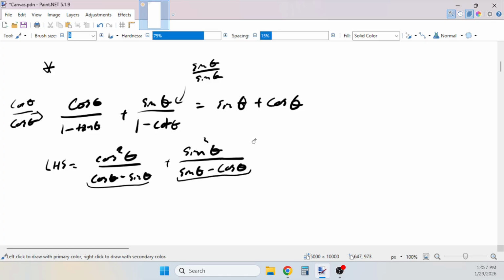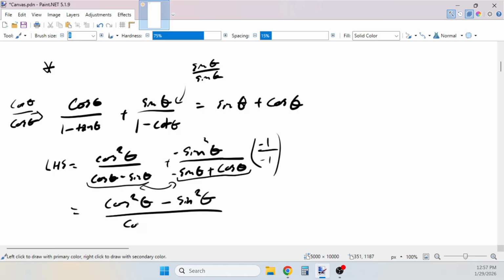Okay. This isn't too bad, because this is just the negative of that. If I multiply by negative 1 over negative 1, this is going to become negative sine squared theta, and then I'll switch the signs here. And then the two denominators match, so I can combine them into a common fraction: cosine squared theta minus sine squared theta over cosine theta minus sine theta. This is really nice.